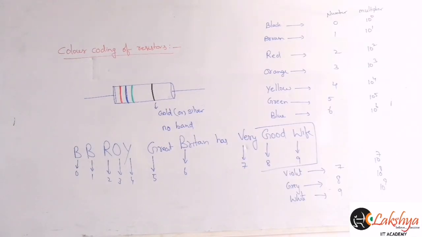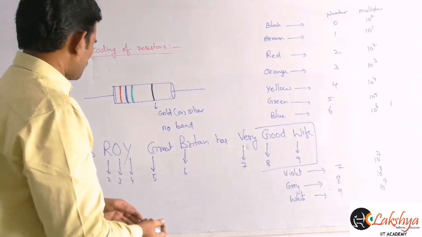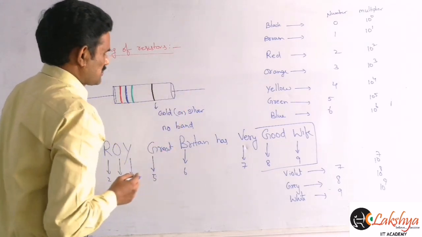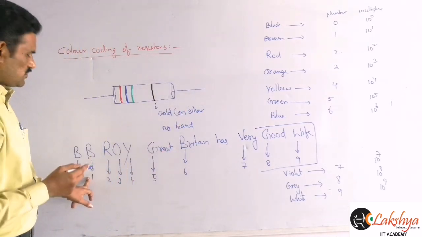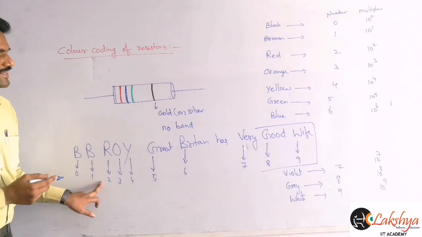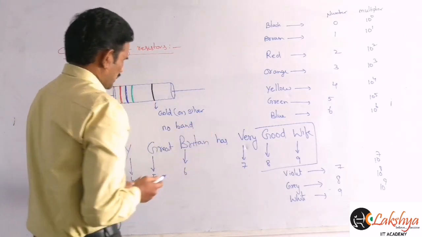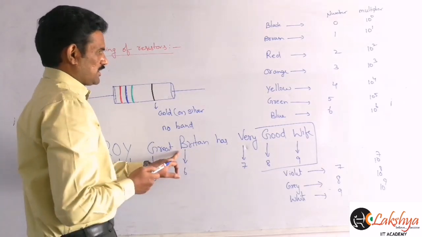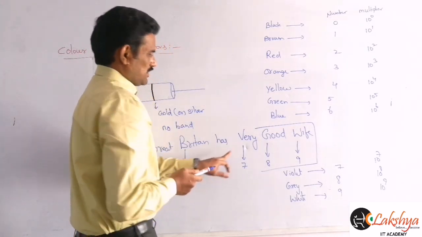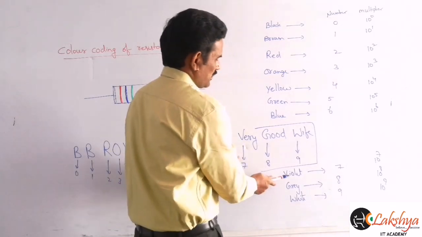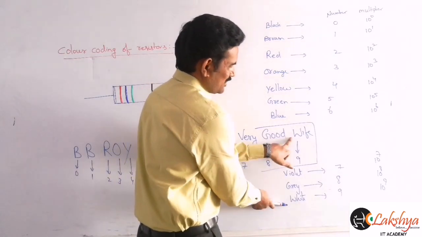These are the colors and their coding. The first one is black 0, the next one is brown 1, then red 2, orange 3, yellow 4, green 5, blue 6, violet 7, gray 8, and white 9.